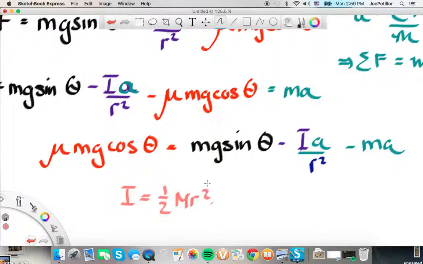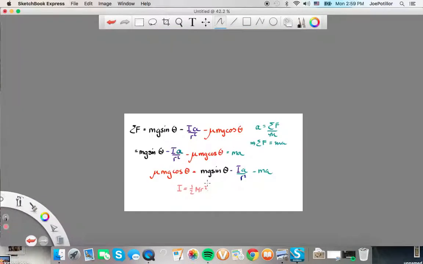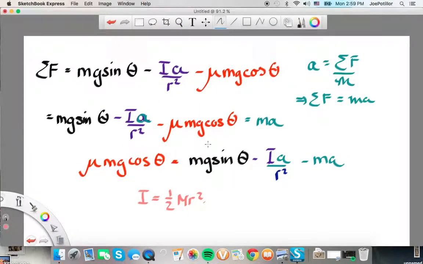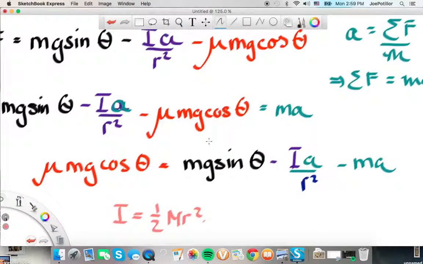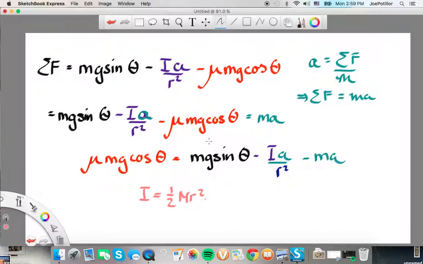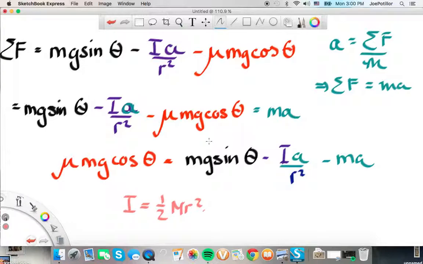So that will get substituted for our moment of inertia. Now we can plug that into the equation right over here. So that 1/2 mr squared goes right directly in.